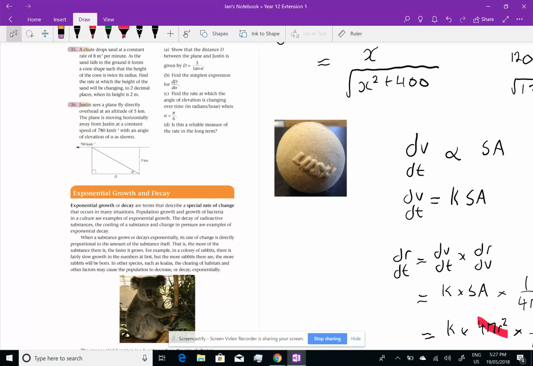A chute drops sand at a constant rate of 8 meters cubed per minute. So we've got this big chute dropping 8 meters cubed of sand per minute. As the sand falls to the ground, it forms a cone, such that the height of the cone is twice the radius.